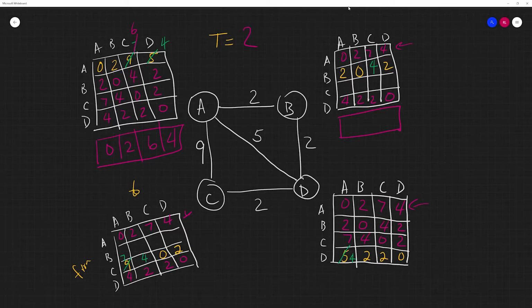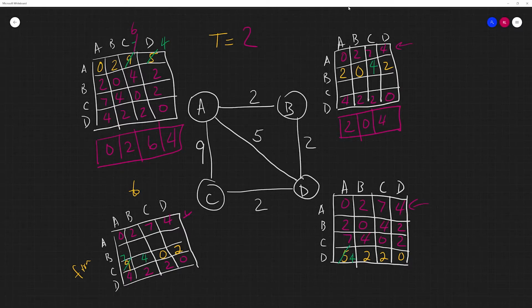Let's see, next we have B. And so B's cheapest cost is 2. First one stays 2 because A is the only one smaller, and it's going to cost me 2 to get to A. Next one is 0. Over here we have 4.